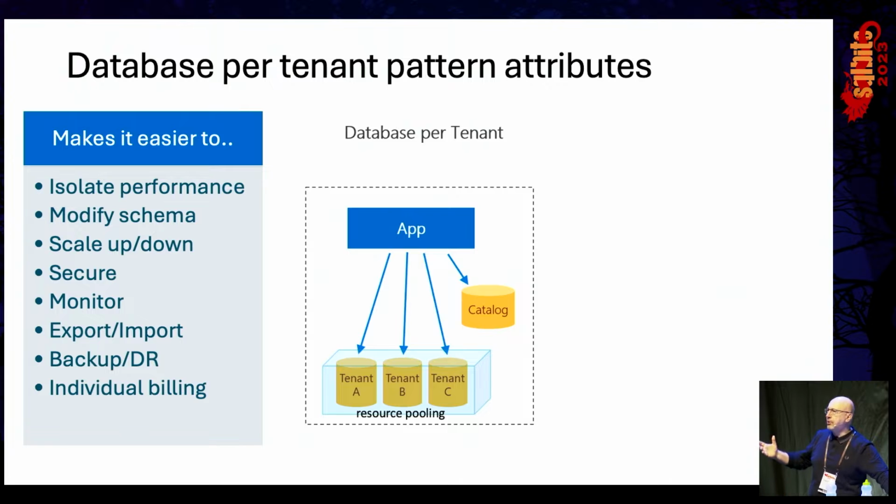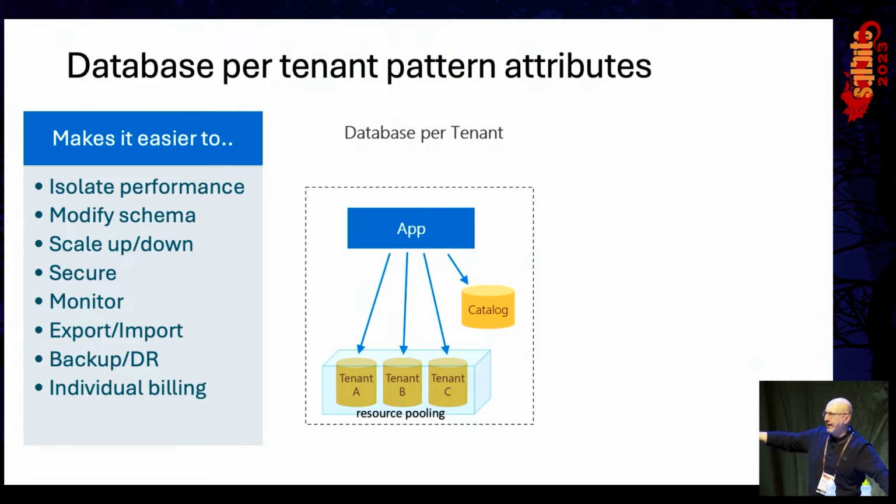So this approach typically makes it easier to isolate performance because I can give and govern a certain amount of hardware resources to a single database, right? And that database is not going to impact other databases running in the same pool.